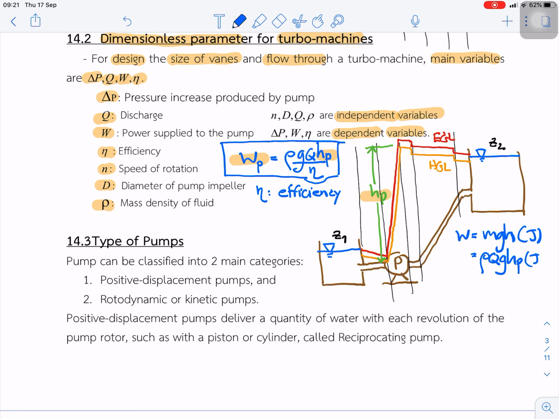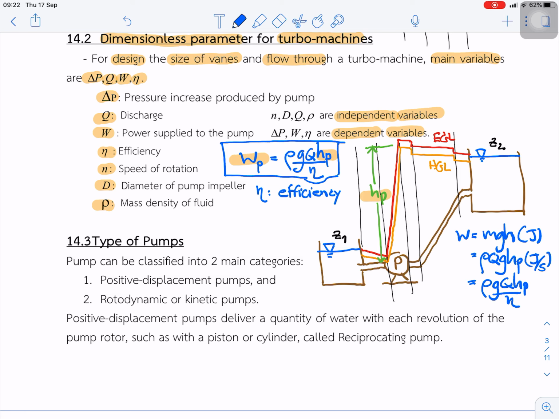So we get joule per second. Finally, this equation proves that rho g is actually a potential energy.